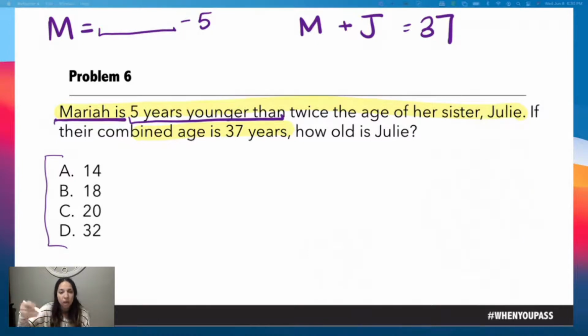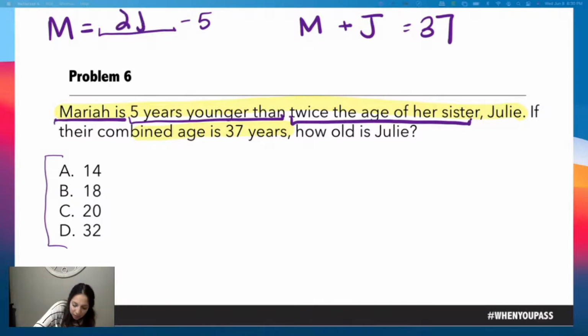So 5 years younger than means something minus 5. What is she 5 years younger than? Twice the age of her sister. 2 times the age of her sister, Julie.